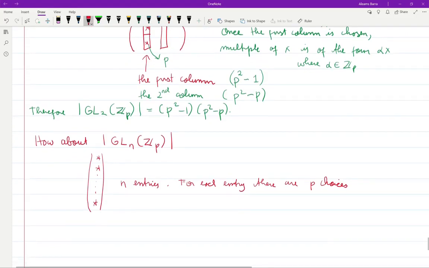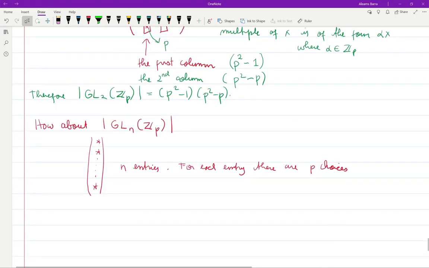So if we don't restrict anything, we have p times p times p, n times, that is p to the n ways to choose the first column. But since we are not allowed a zero vector, for the first column we can choose p to the n minus 1 ways.